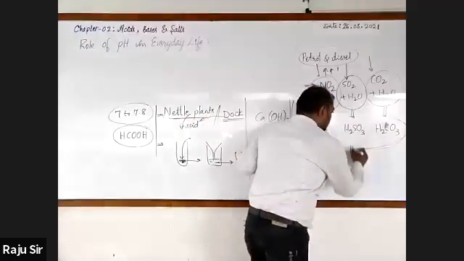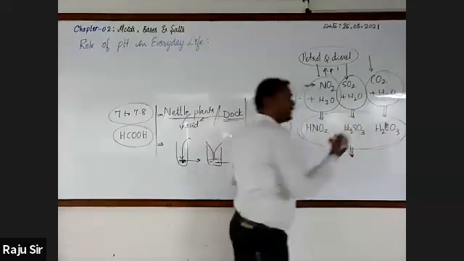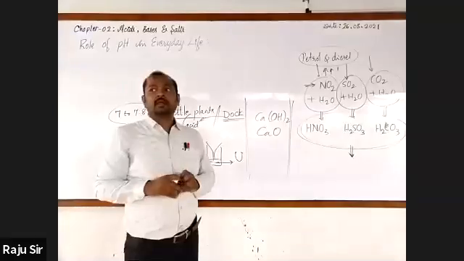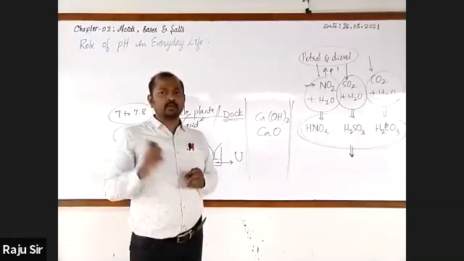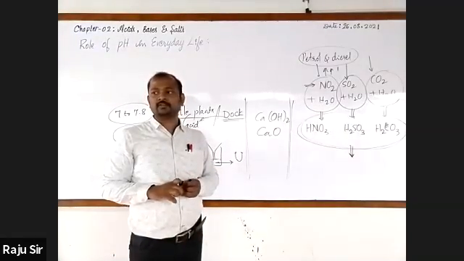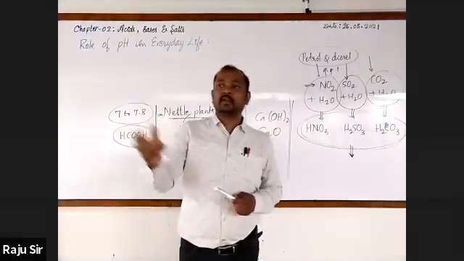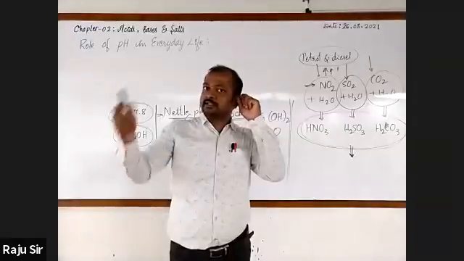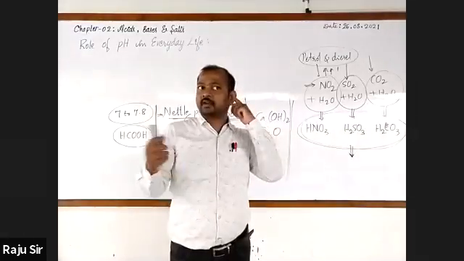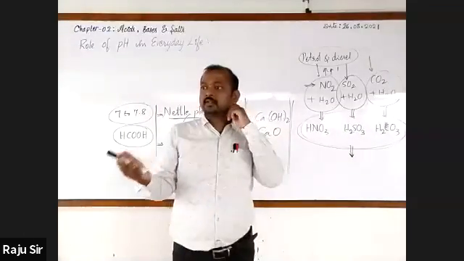Then obviously we get the rain. When these acids mix with the rain, do you call that rain acid rain? Yes. When the rain contains the acids, it is called acid rain.